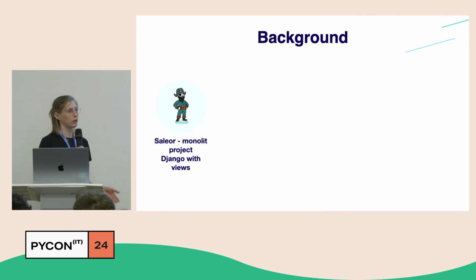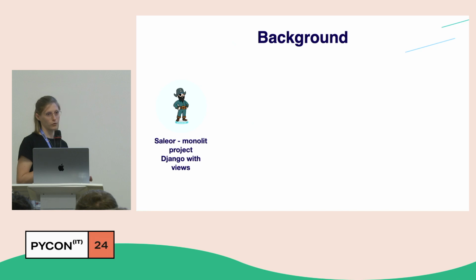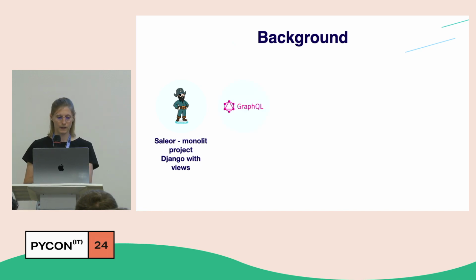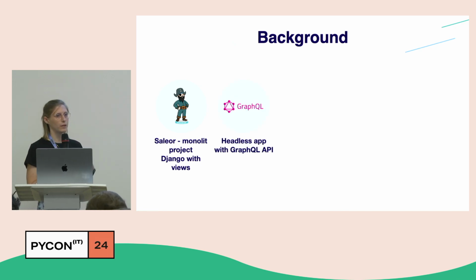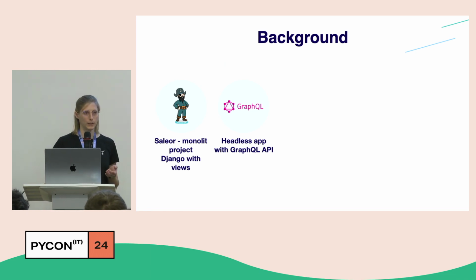Firstly, I would like to shortly tell you the story about Saleor. Saleor started as a small open source project built on Django with views. Then in 2018, the big decision was made and a GraphQL API was added.